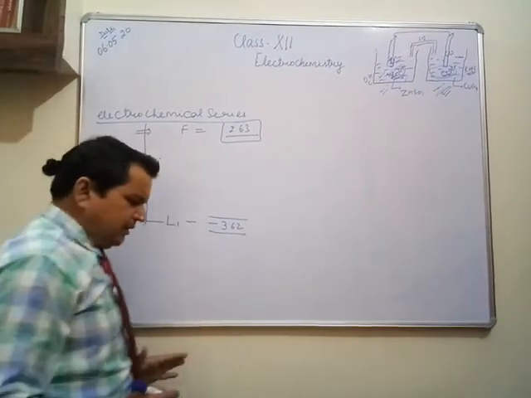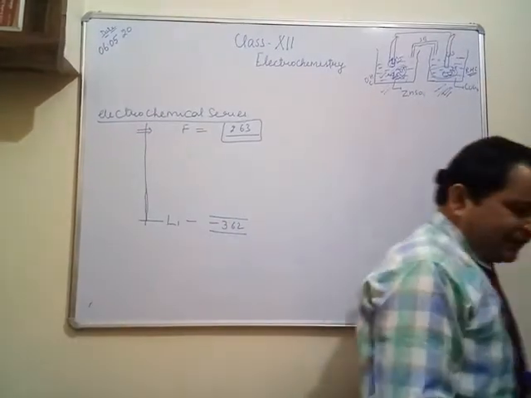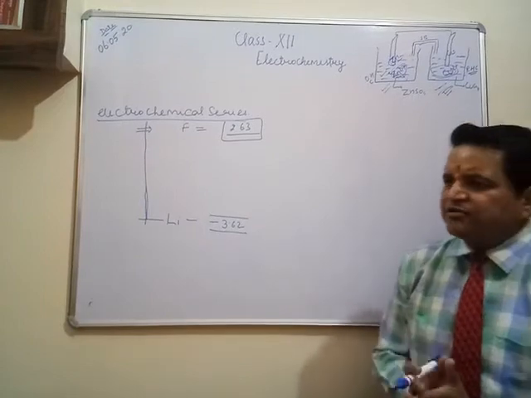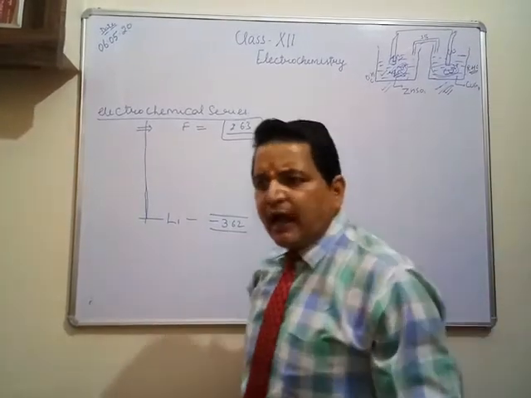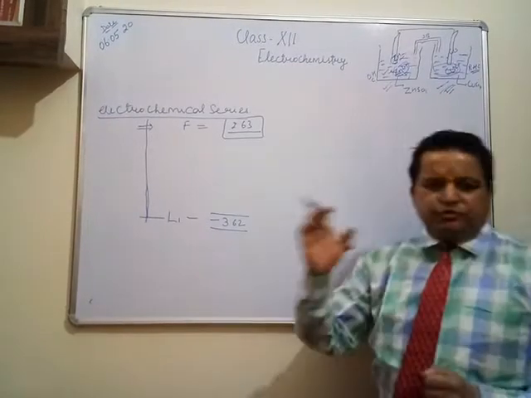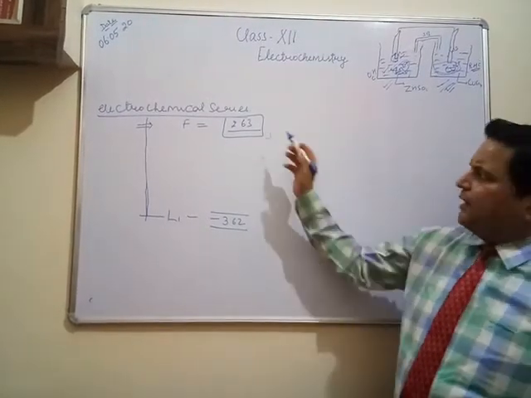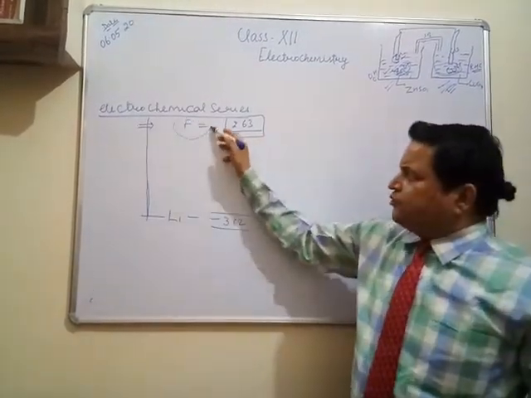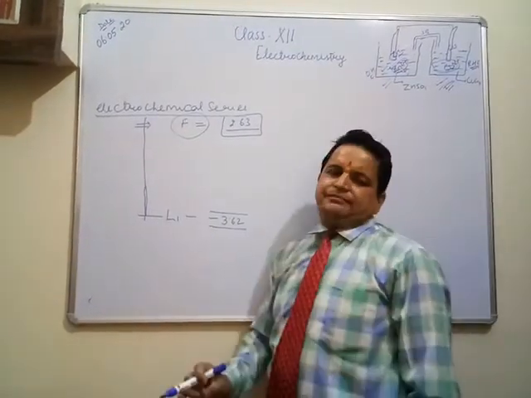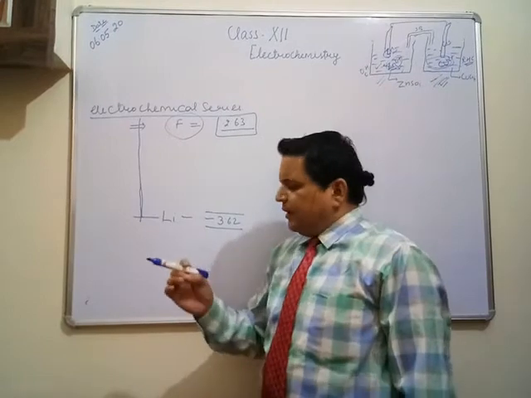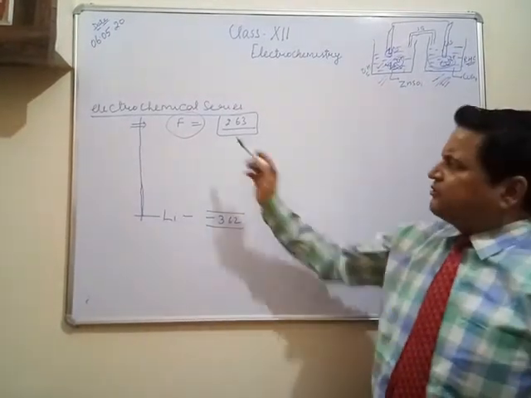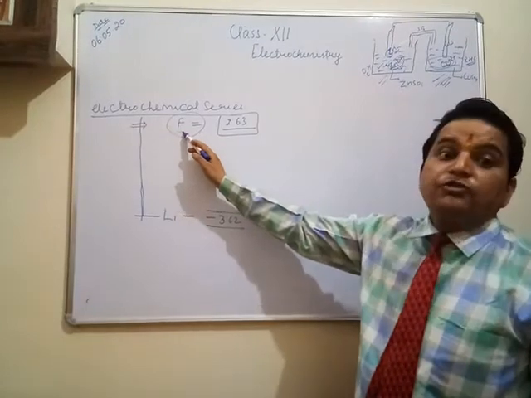What is the consequence of that? The reduction value of chlorine is highest, meaning it has a very high tendency to get reduced. The high value of chlorine shows that it cannot oxidize in general condition. In standard condition, it will not be oxidized.